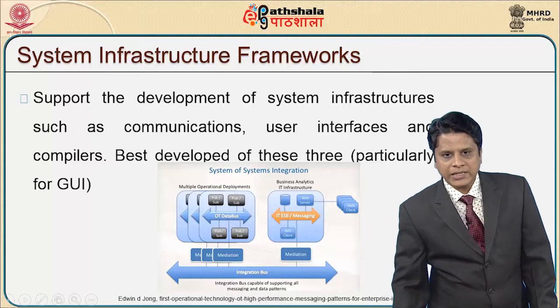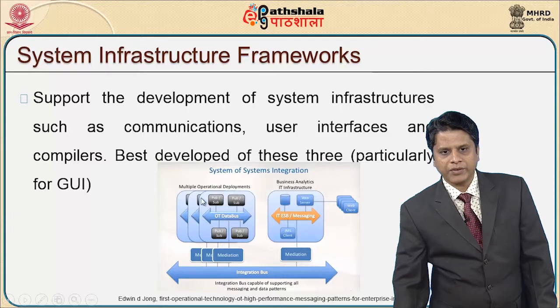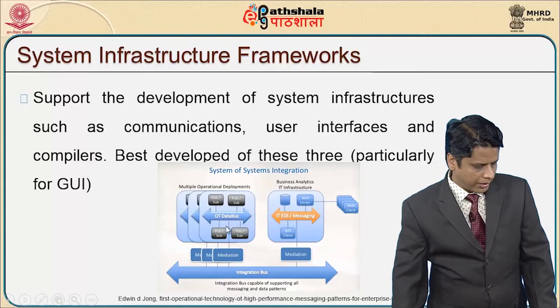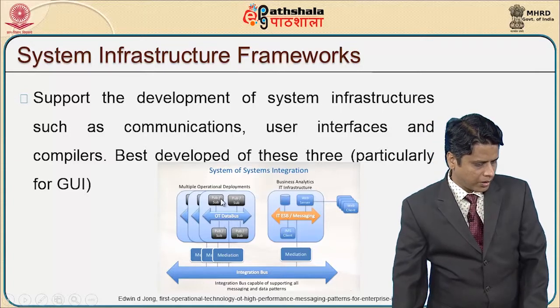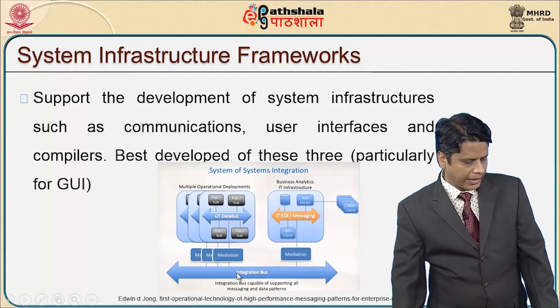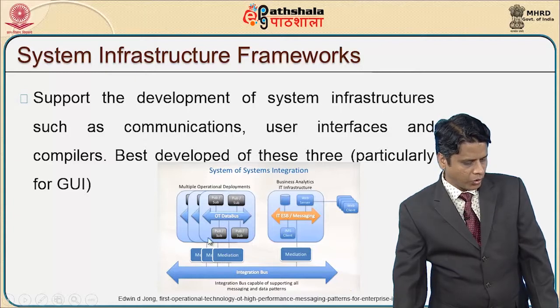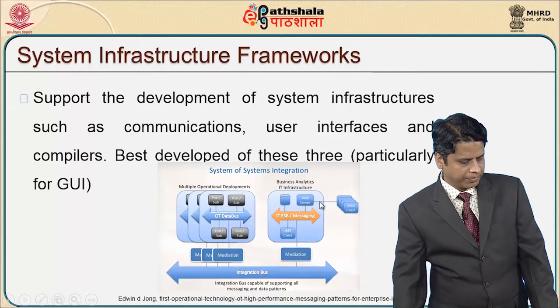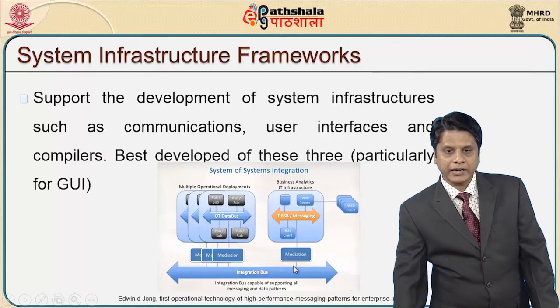Say if you consider system of system integration, where we have multiple operation deployments and we have an OT bus which is connected to the sub, and there is a common integration bus which is capable of supporting all messages and data patterns, and there is a mediation between the OT bus, data bus and messaging, which is directly connected to the integration bus.